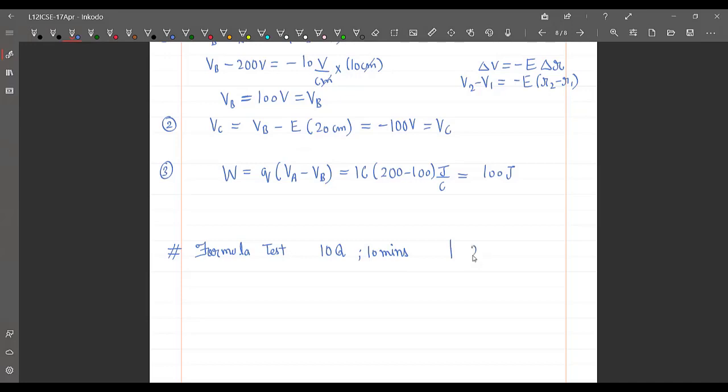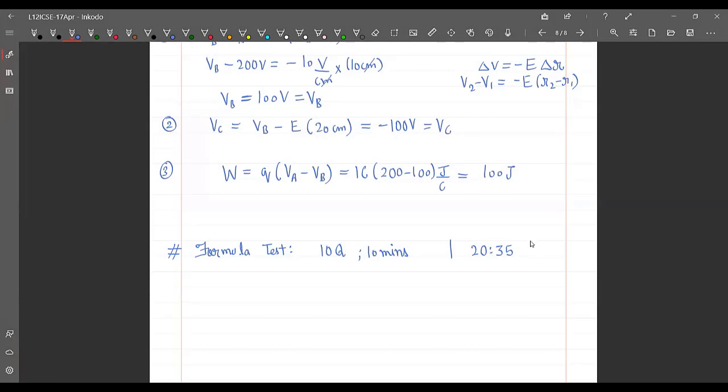Answers which you send to me after 8:35 will not be considered. There are just one line questions and you just have to write the formulas, nothing else. Any questions about formula test?